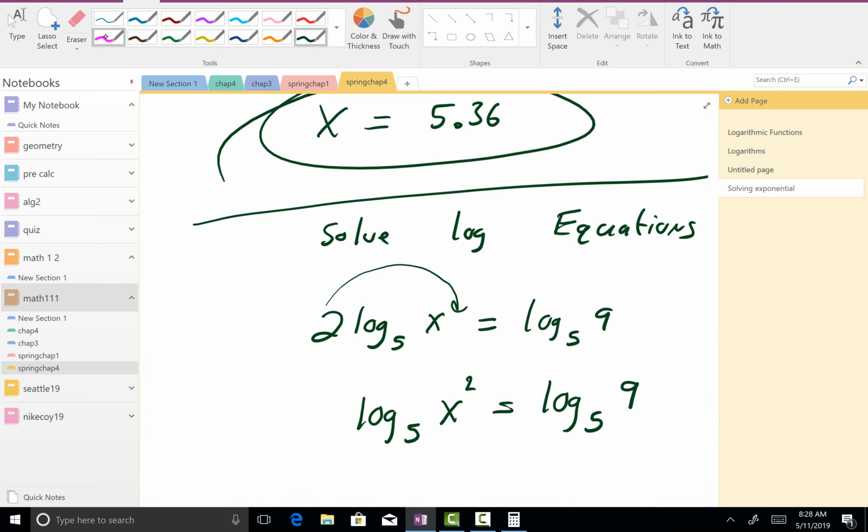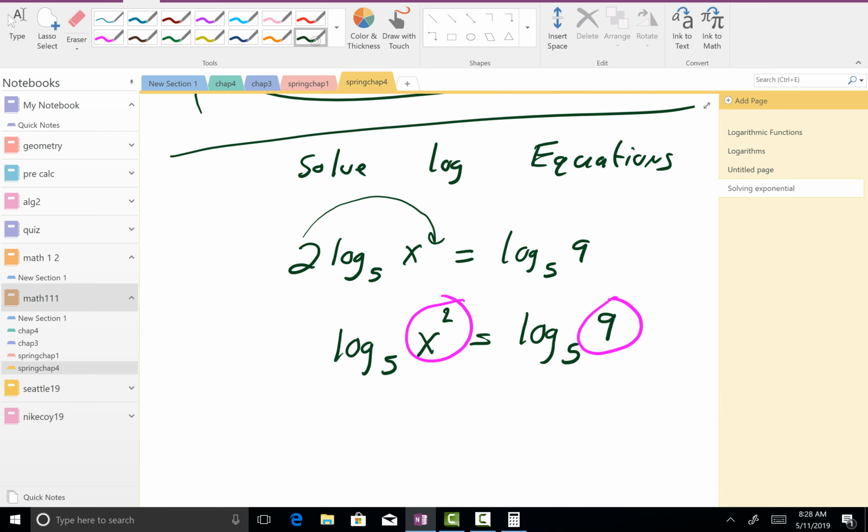And since those bases are the same, that means these two things are the same. So now it's almost as if the logs kind of cancel each other out. And we get that. Okay? But the bases have to be the same, or else you can't do it that way.